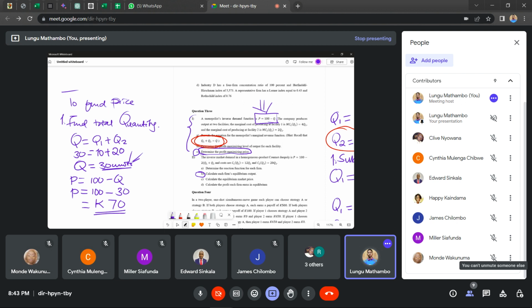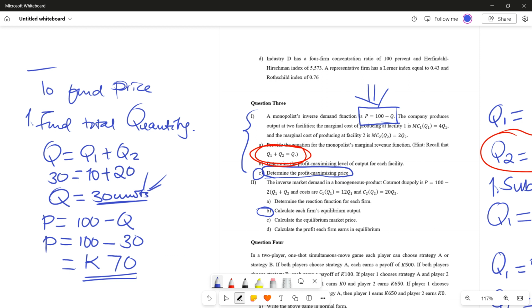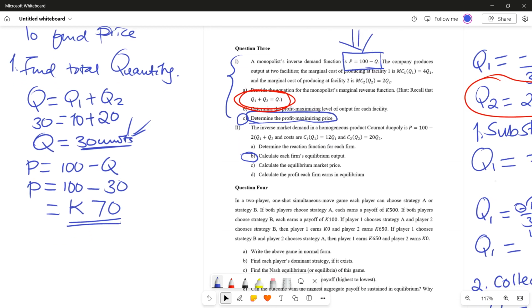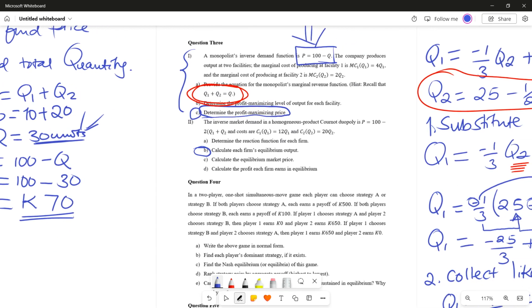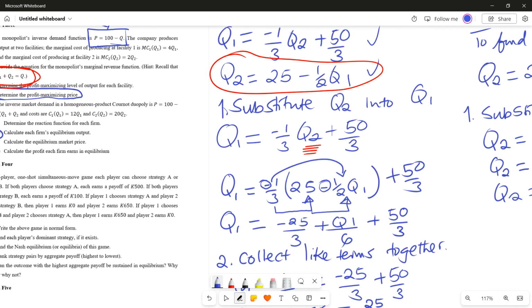Let's try to handle the next question and see how far we can go. Right, so what I'll do is I'll erase this side.